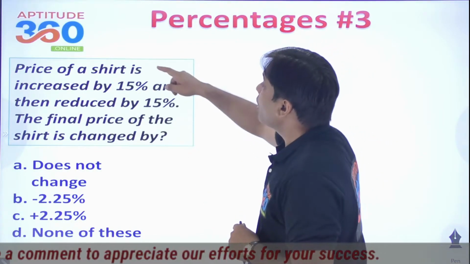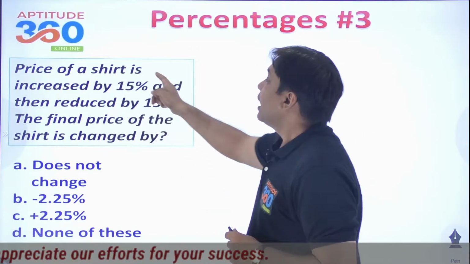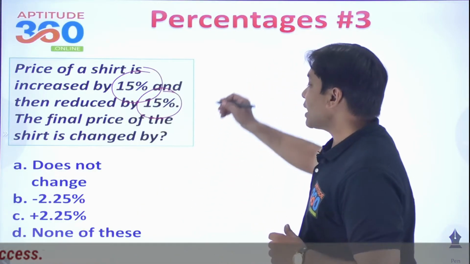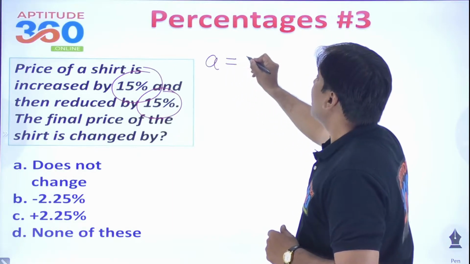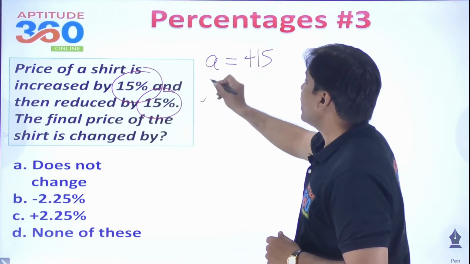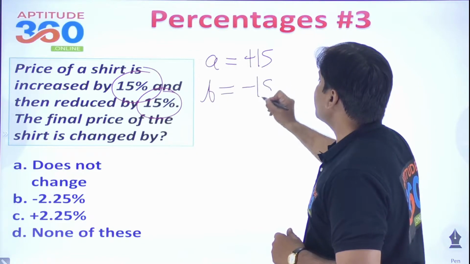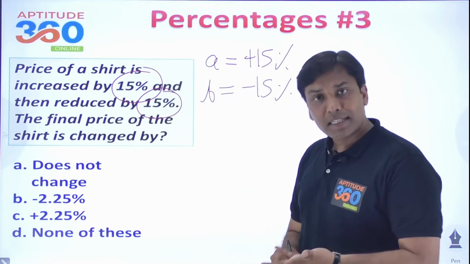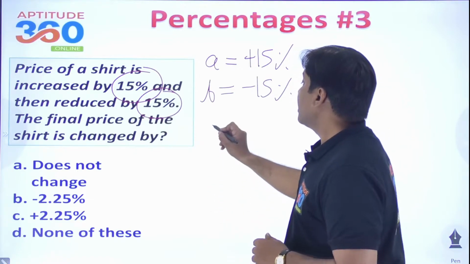Now, price of a t-shirt is increasing by 15% and then it is decreasing by 15%. So what is that you should be doing? You should take it as A is positive 15 whereas B is minus 15, and आपको यहाँ पे AB फॉर्मूले को प्लग इन करना है और आपका आंसर आ जाएगा, काम खत्म हो जाएगा. ये क्या हो जाएगा?